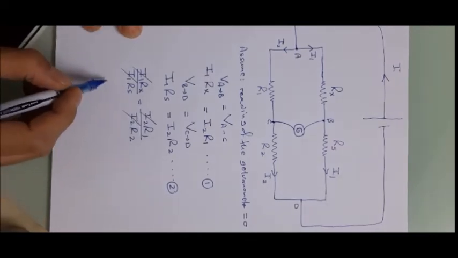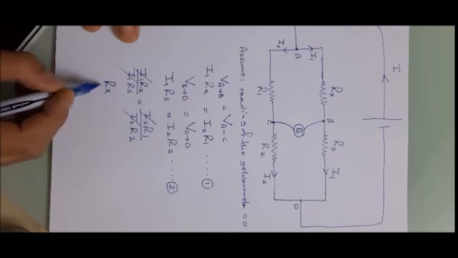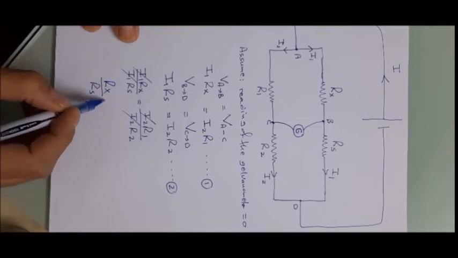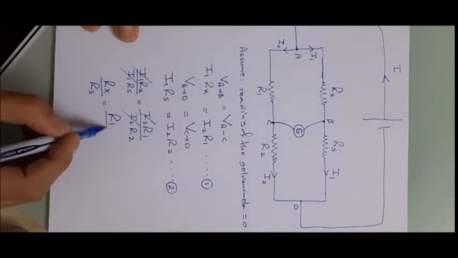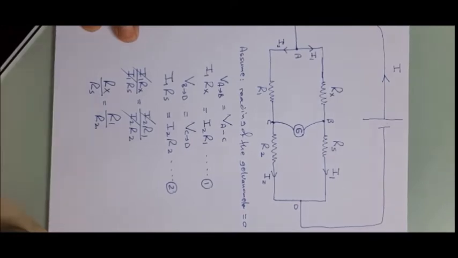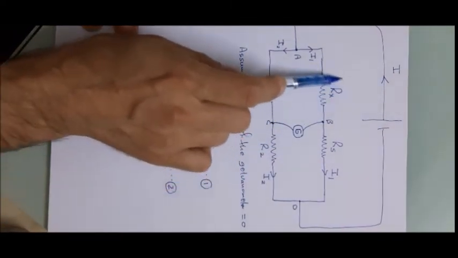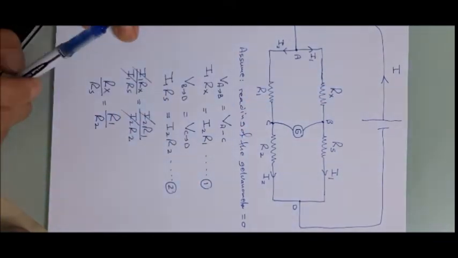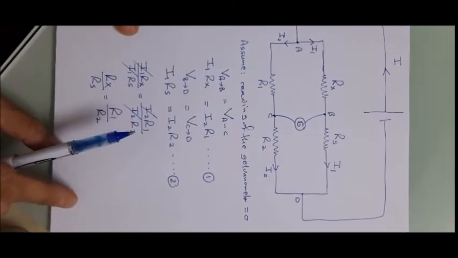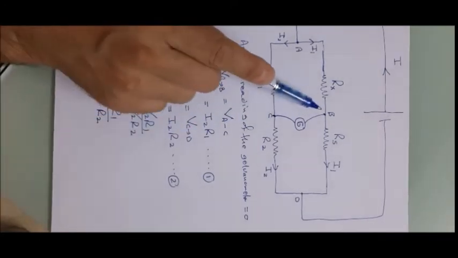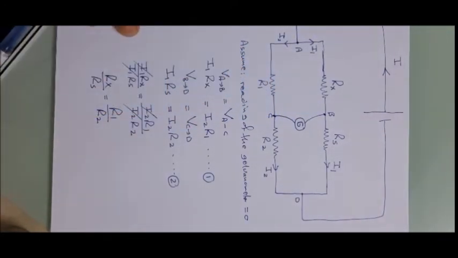We come to the formula that Rx over Rs equals R1 over R2. Now from this formula, if I know the values of the three resistances R1, R2, Rs, I can calculate Rx, which is a precise measurement without any current passing through the galvanometer.